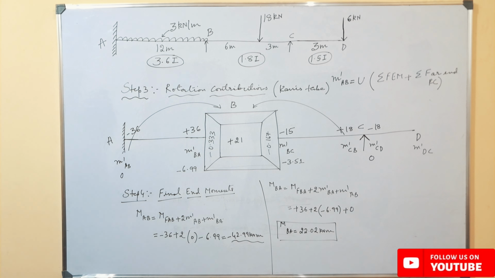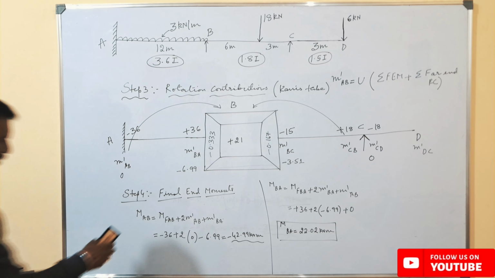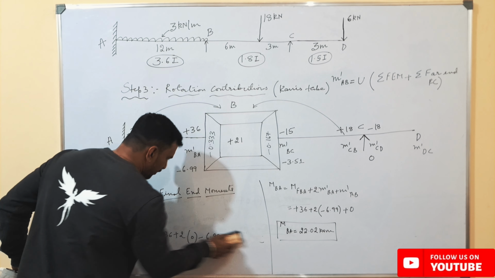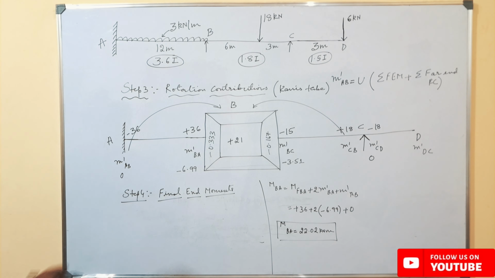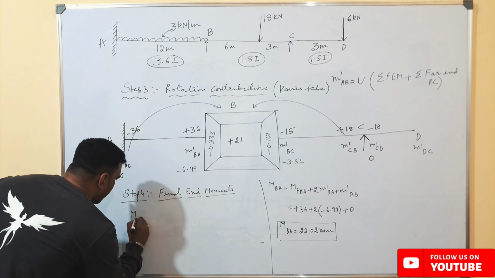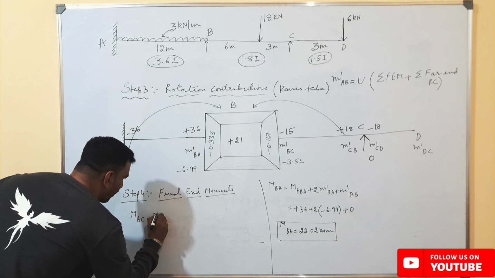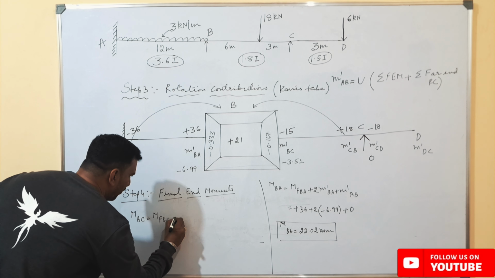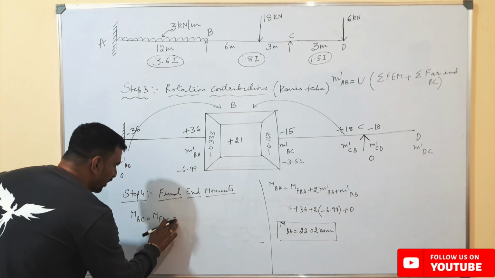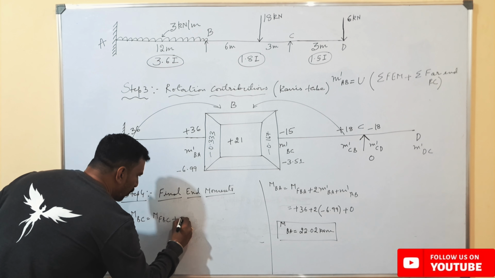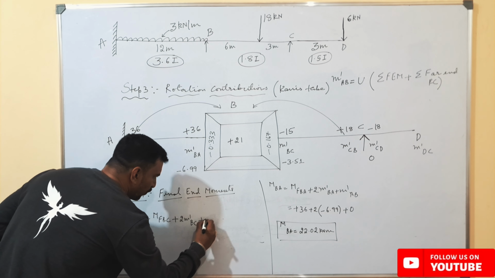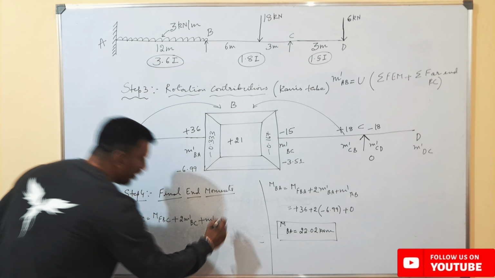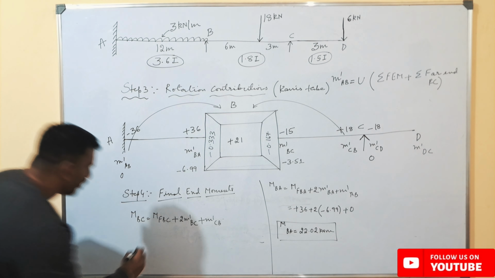So same way, if we need to find out the final end moment from point B to C, we have got fixed end moment from B to C plus 2 times the rotation contribution about the near end plus 1 times rotation contribution about the far end.